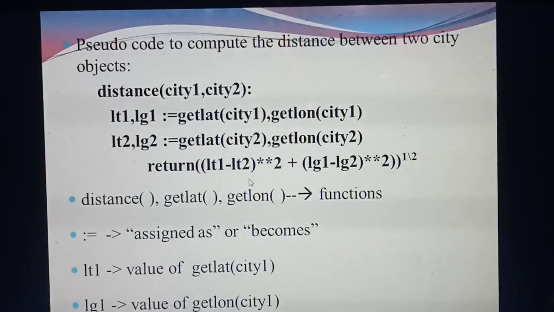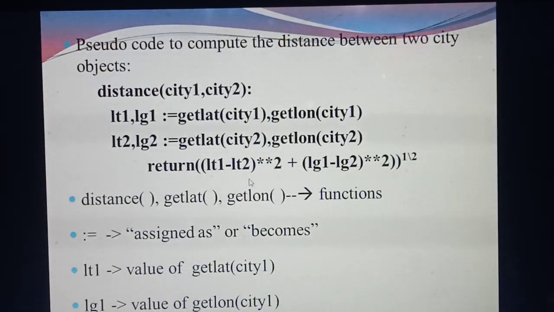Have you seen that symbol, colon equal to? What is the name of the symbol? It means assign or becomes. That is an important 1 mark question. In a 1 mark question they will also ask what is the meaning of that symbol. Colon equal to, what is the meaning of that one? Assigned is, or becomes. Then LT1, LG1, LT2 like this.